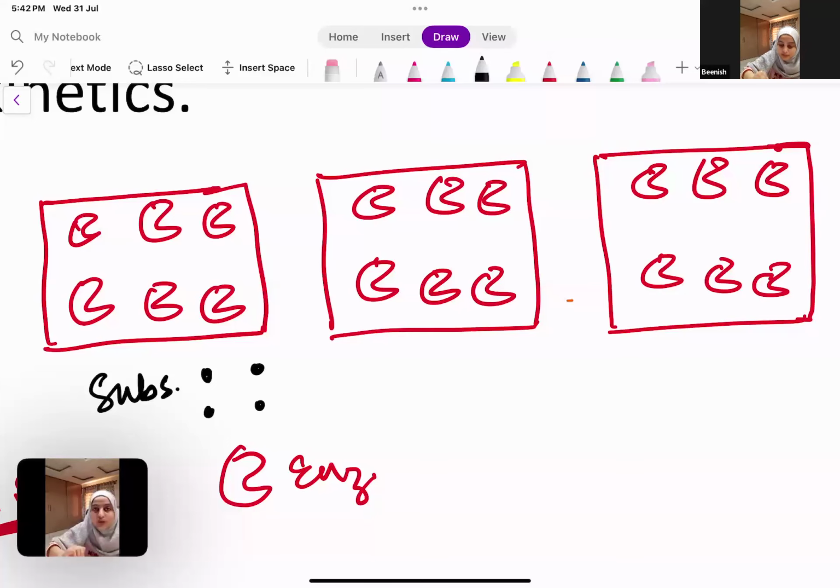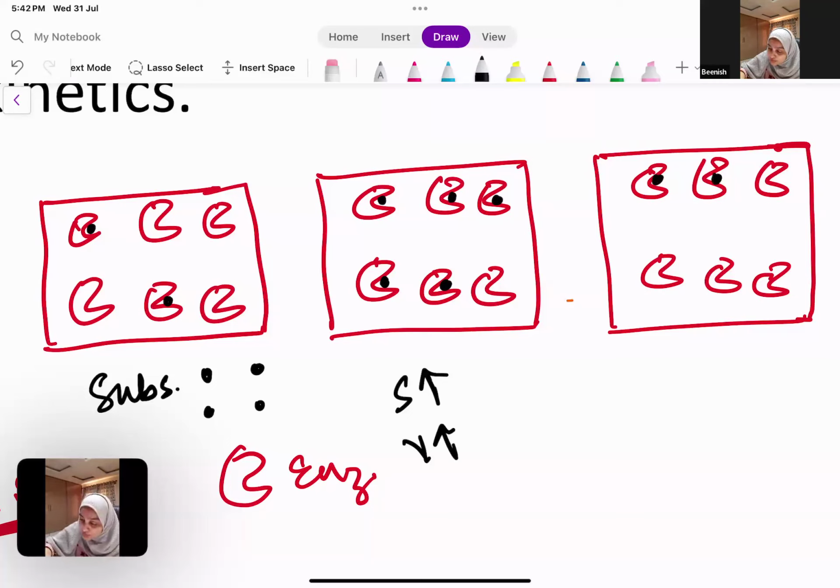So initially, 2 enzymes were bound with substrate, you can see here. Now you increase the substrate concentration. Now on increasing the substrate concentration, 5 enzymes were bound with your substrate. So on increasing the substrate concentration, your reaction velocity is going to increase.